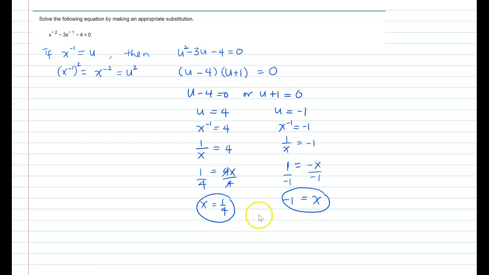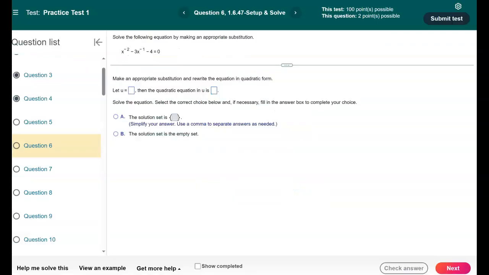Now since these two values here are not equal to 0, then those two values are solutions to the quadratic or to the expression here. So going back to the question here, you would type in x to the negative 1 here as your u. So u would be x to the negative 1. And then you write the quadratic equation here that is in terms of u. And then you write the solution here.